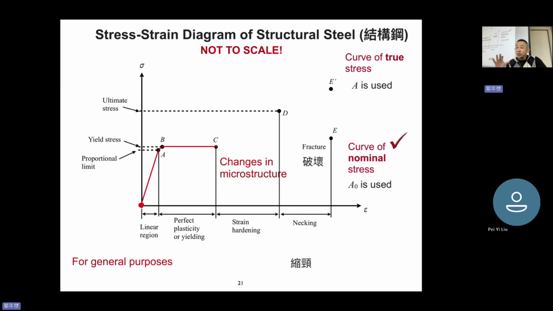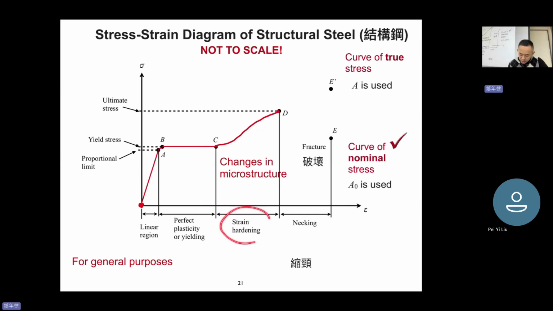The structure of the material will change because of such great loading. So it has its own strength again. Okay, so it becomes hardening.